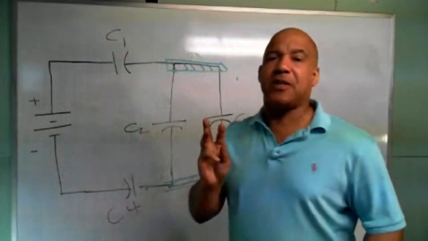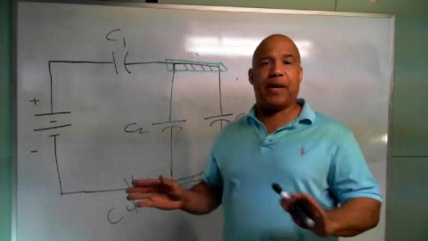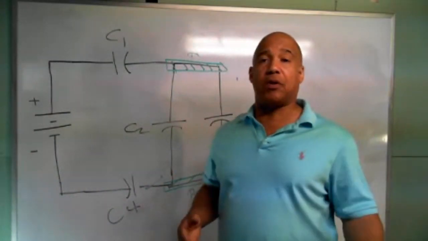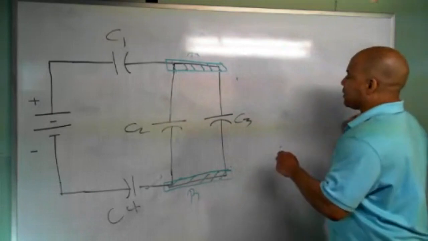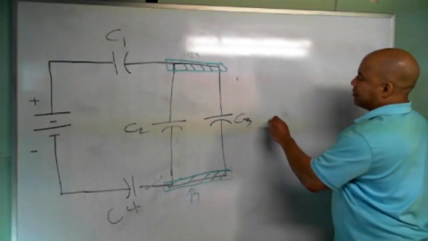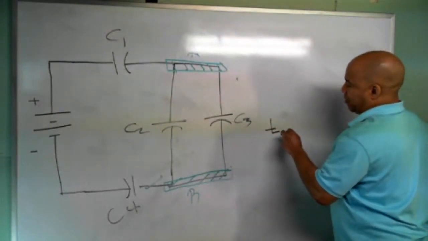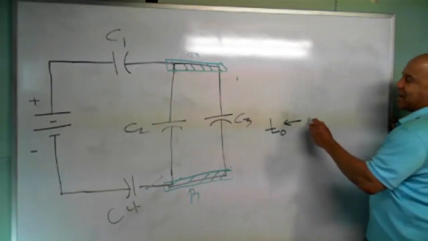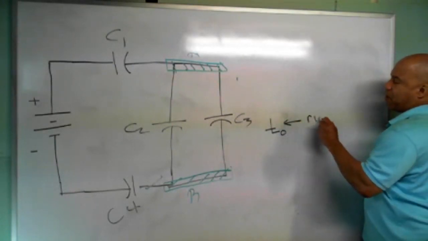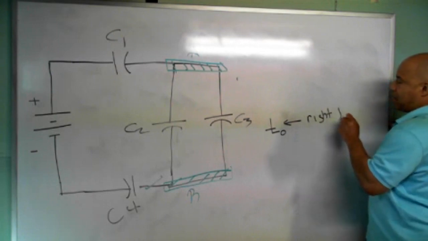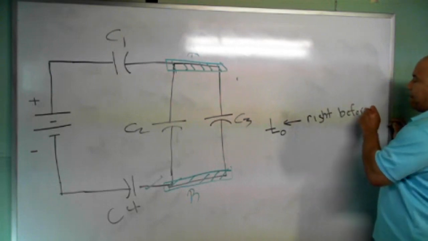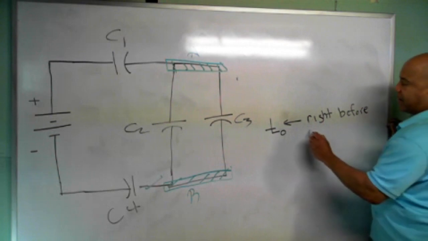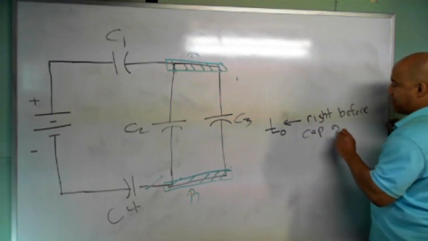So there's three different times that we can look at a circuit, and depending on when we look at it, you'll get different results. The first time is, I call T sub 0. So right here, that's the time. This is the time right before the cap gets current.